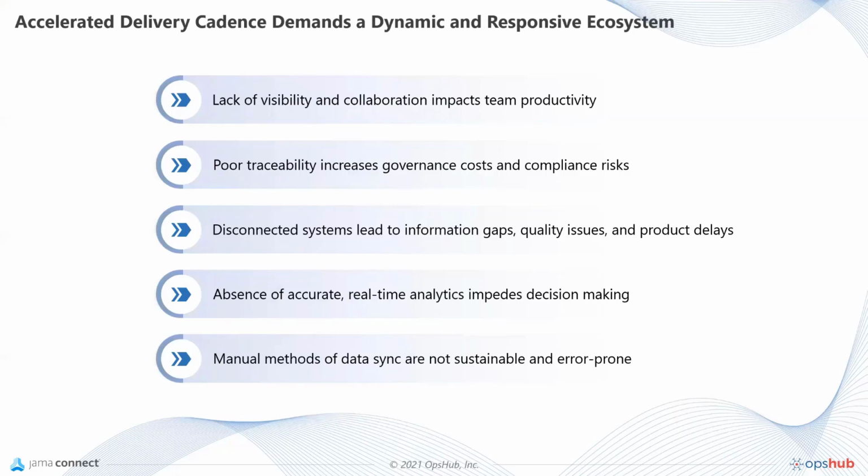So when we think about this, this accelerated delivery cadence really demands a very dynamic and responsive ecosystem. When you have data that's potentially locked up in these different silos across the organization, you have a lack of broad visibility. You have a challenge with collaboration.